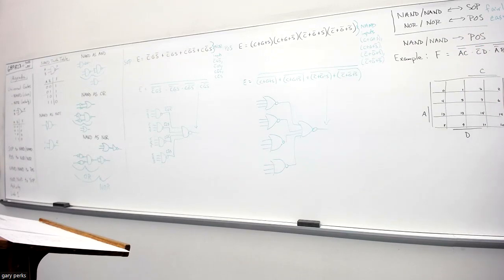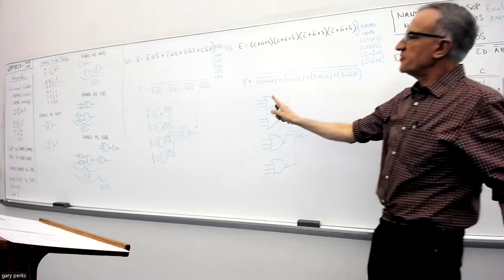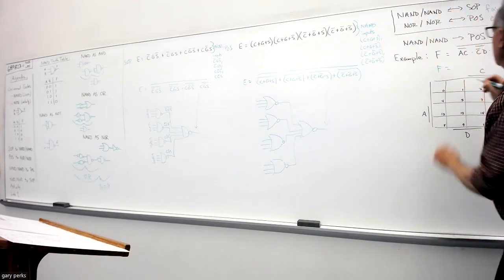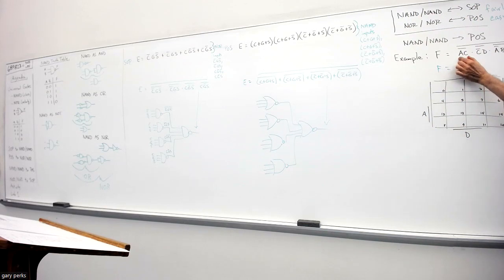Let's see how to do this with this example here. So here's a NAND equation. Like I just mentioned earlier, to go from NAND back to SOP, these are your terms right here, the AC, the not CD, the not AB, not C. So we just take those terms and OR them together to get the SOP.